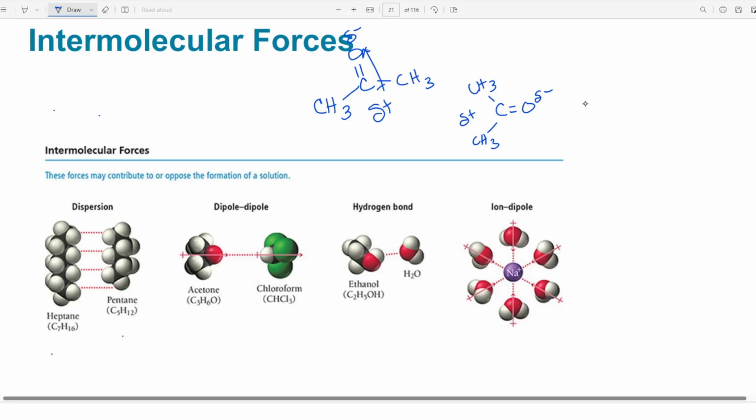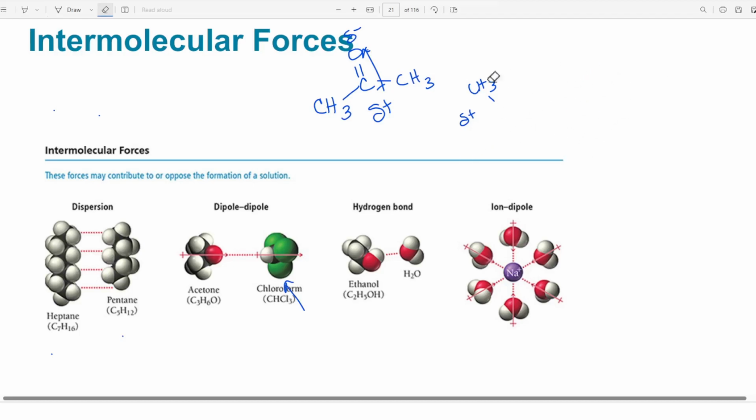The partial negative end can interact with the partial positive end of the next molecule, and so forth. Okay, and that's known as a dipole-dipole interaction. So those can exist between the same type of molecule or different types of molecules, like what is shown here with chloroform.